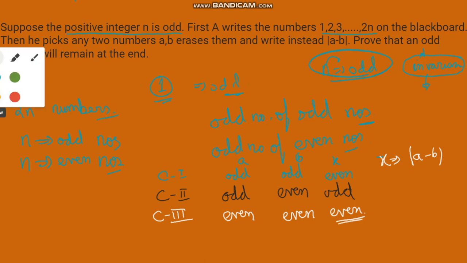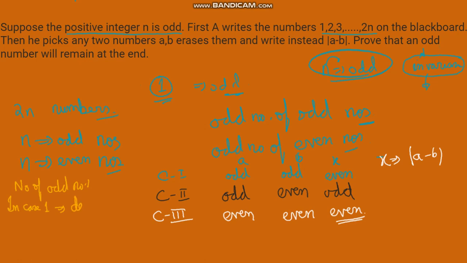So just see one thing: the number of odd numbers. In case 1, it decreases by 2.